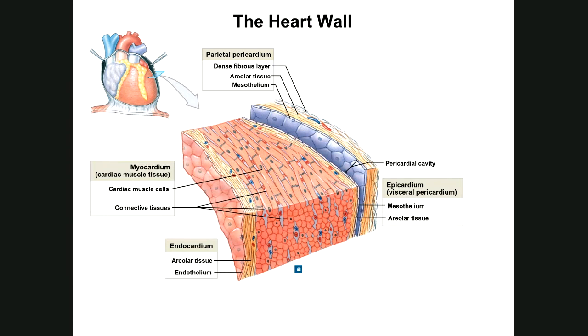Between them, what you are seeing over here in dark, is the pericardial cavity. And we have the myocardium, which represents the muscle layer, and the endocardium. So the epicardium, the myocardium, and the endocardium make up the heart wall.